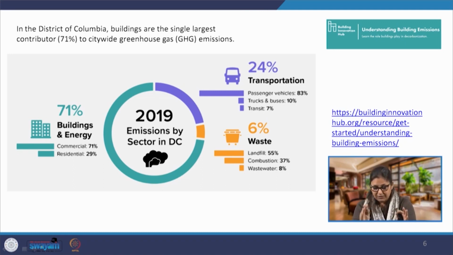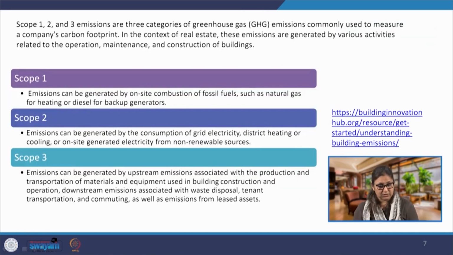Overall, the fact is established that buildings plus transportation contribute the largest amount of greenhouse gas emissions on planet Earth, and we need to look at both of these. Here we are focusing on building design and construction.